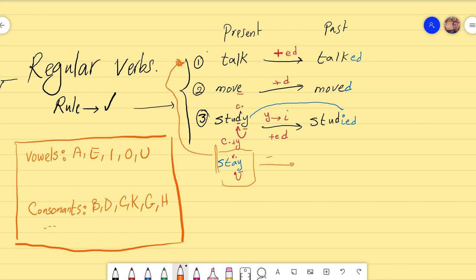So we just add ed. Stayed. So if we have a vowel plus y, we don't need to do anything, just ed. If we have a consonant plus y, y changes to I, and then plus ed. Okay, let me clean this part.